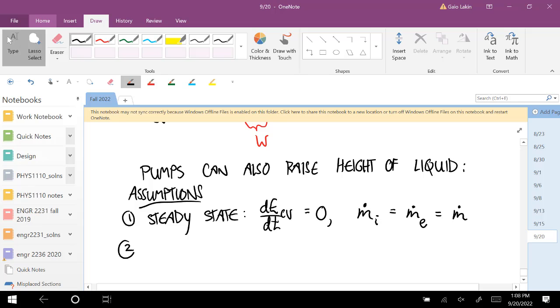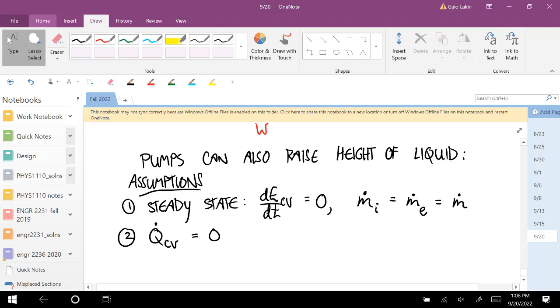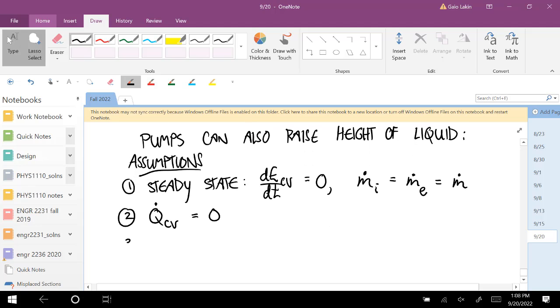We'll assume that there's no heat transfer, and not much change in kinetic energy.